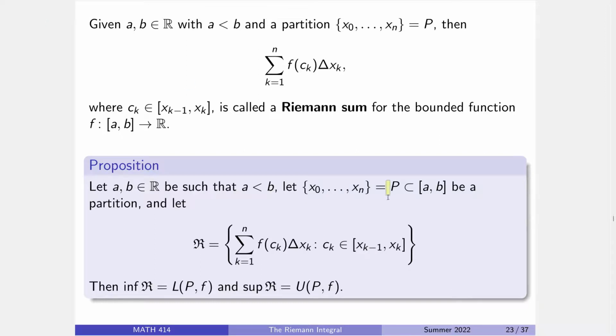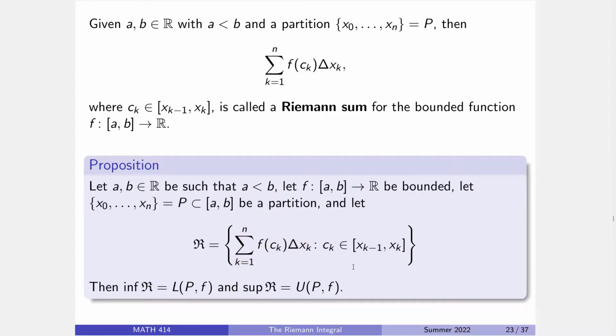All right, so as we will now prove, if we look at the collection of all possible Riemann sums, this collection is bounded below, and the infimum of those is the lower Darboux sum, and the supremum is the upper Darboux sum. So note, every Riemann sum is going to live somewhere between the lower and upper Darboux sums, and since we know we can make these things converge to the integral, that means we can make these things converge to it as well.